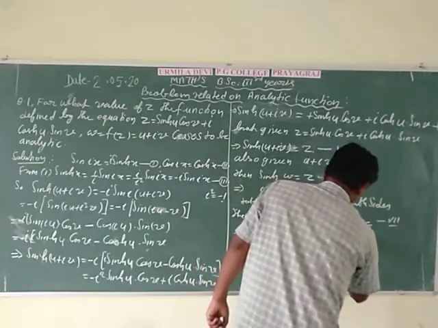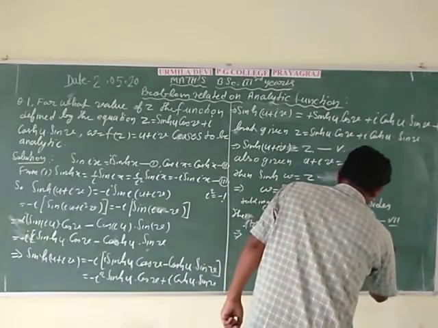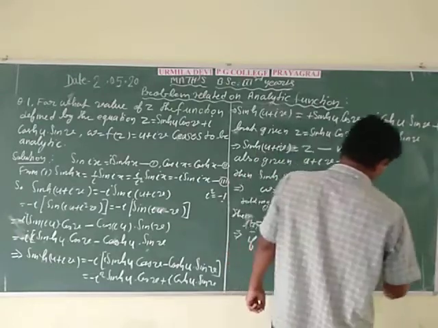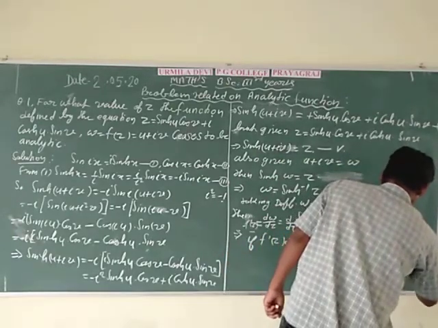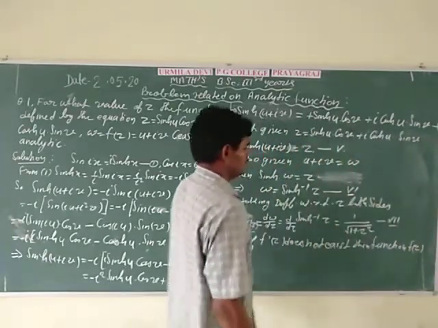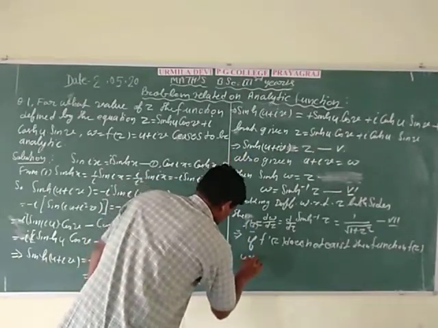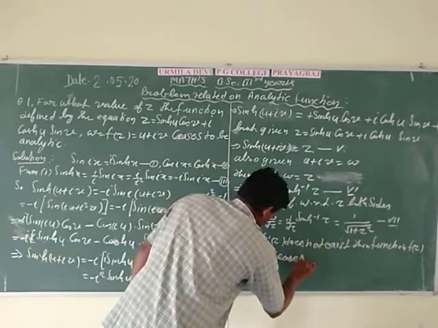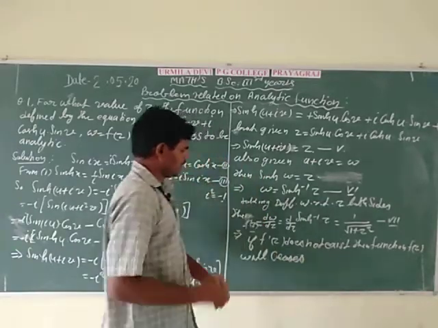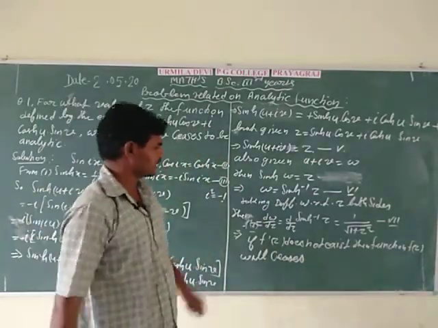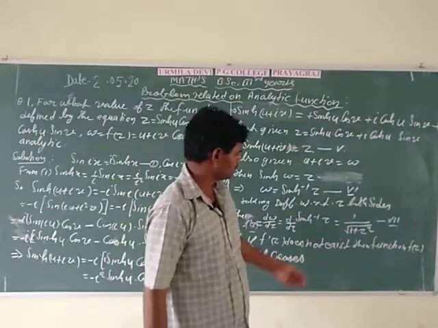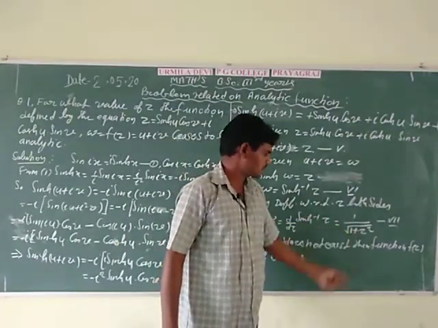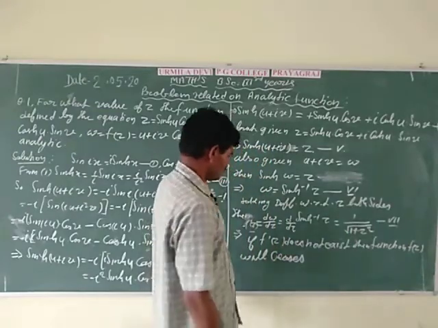then function f z will be Cz. Therefore, for this purpose, putting the denominator of f dash z, under root 1 plus z square, equal to 0.